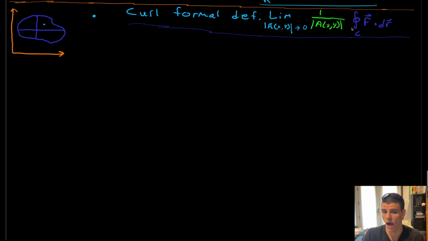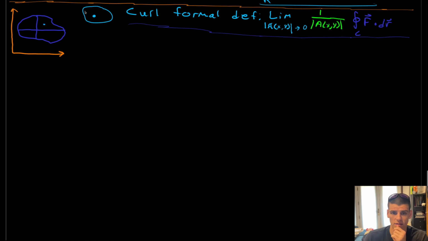So A(x, y) refers to some area around (x, y), and that going towards 0 is like saying this curve around (x, y) is going to shrink so that the area inside of it becomes as close to 0 as possible.